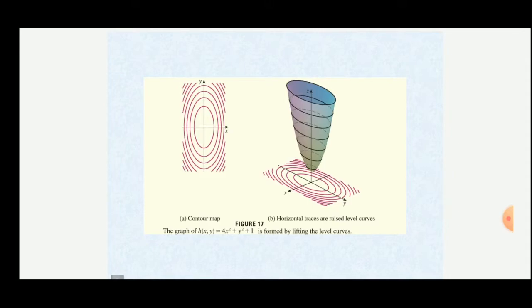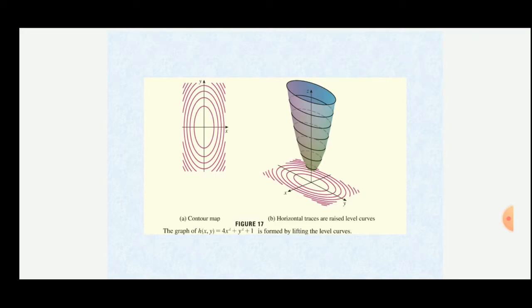This is the graph of 4x square plus y square plus 1, and the surface will be an elliptic paraboloid along the positive z axis because the image of the function is positive.